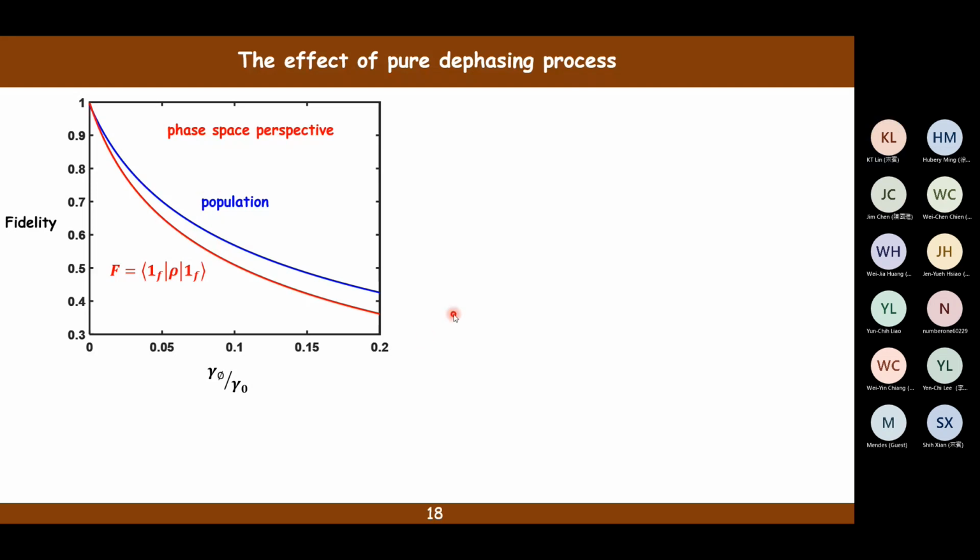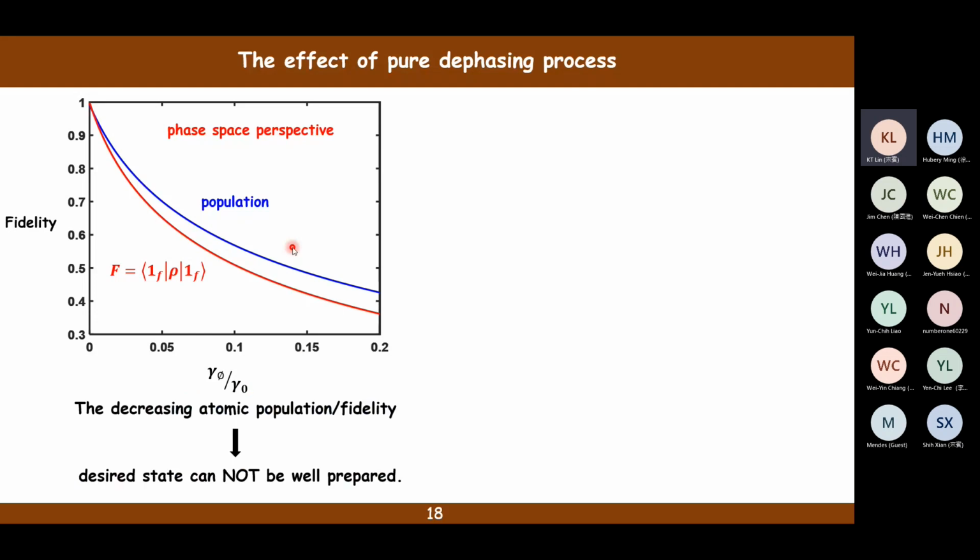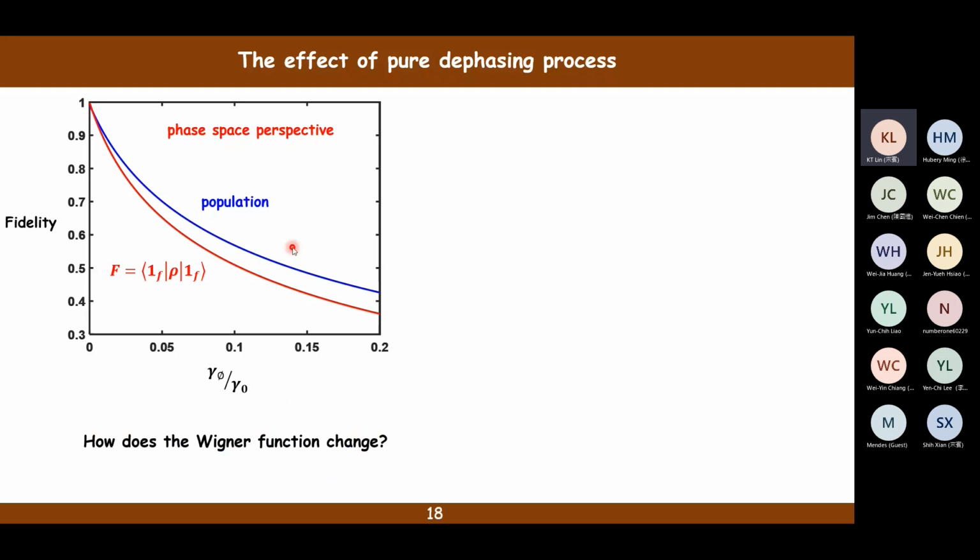Okay. So as we see, the fidelity is decaying with increasing dephasing rate. This means that the desired state cannot be well prepared. Okay, and then how about the Wigner function change as we increase this dephasing rate?